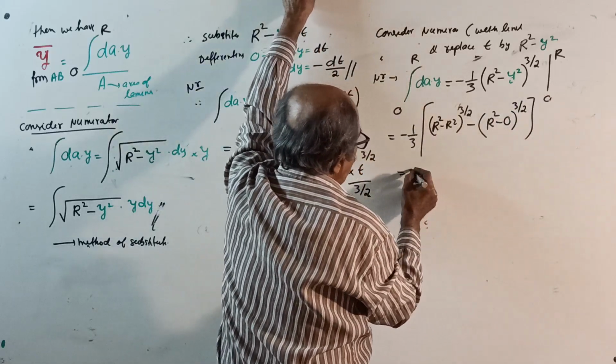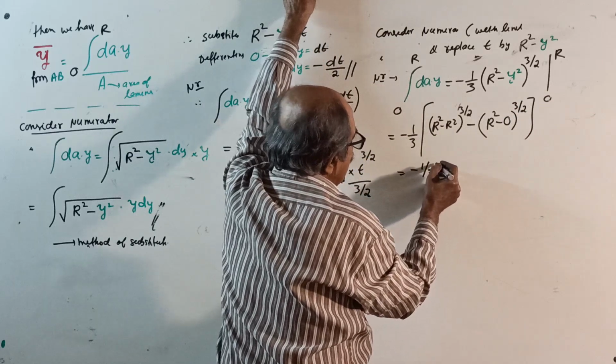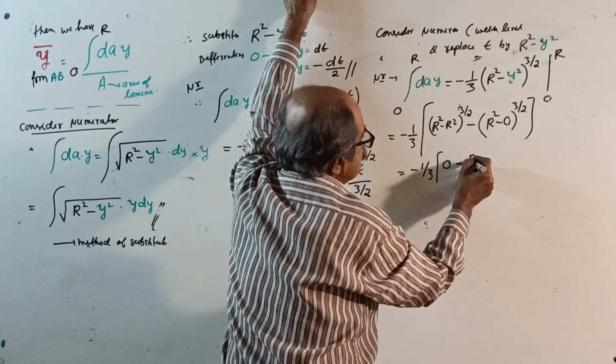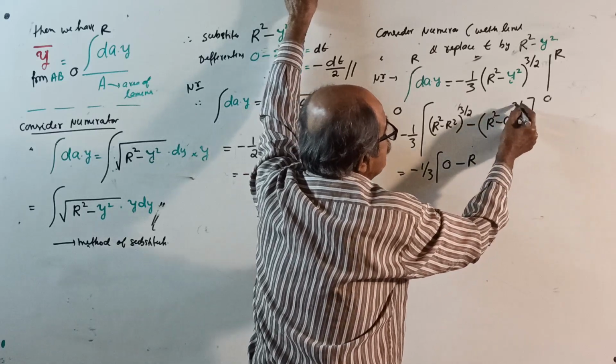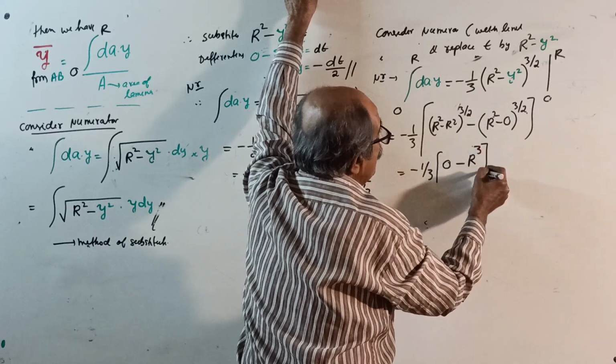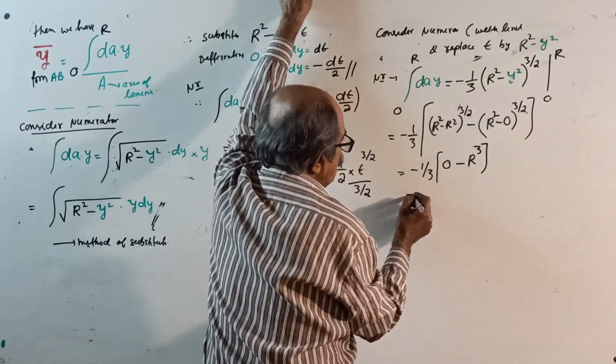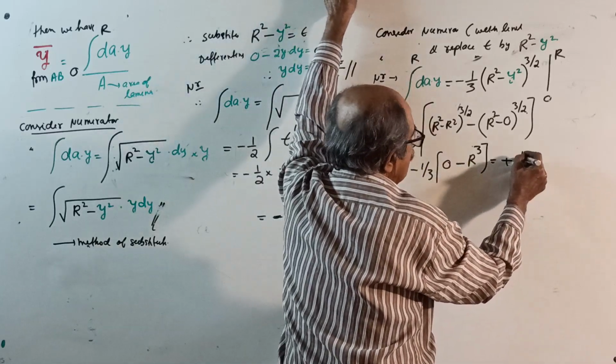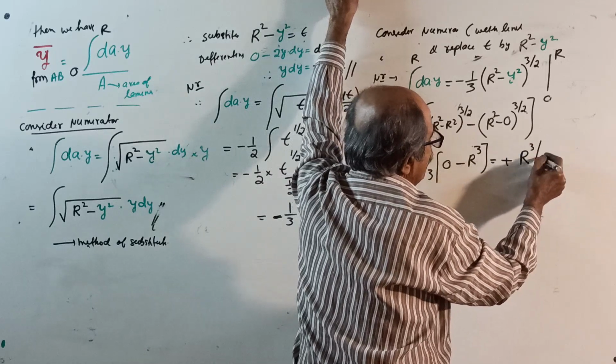That equals minus 1 by 3 into 0 minus r square power 3 by 2, which is r cube. The minus will cancel, so it becomes plus r cube divided by 3.